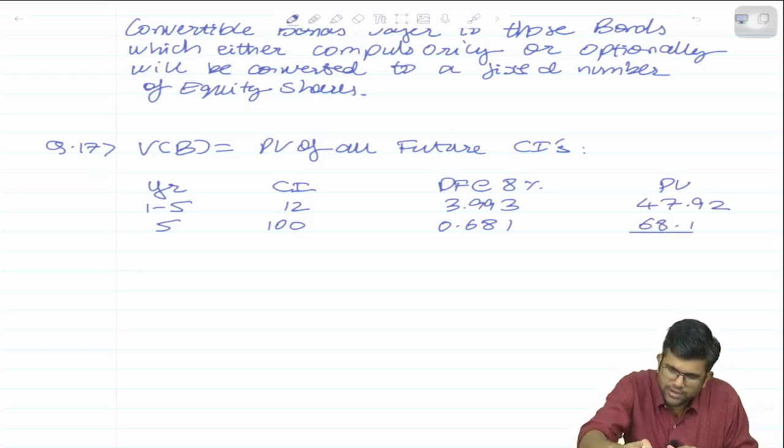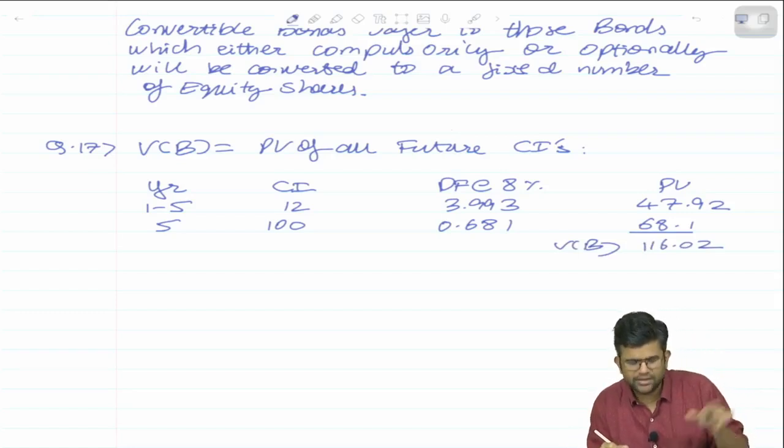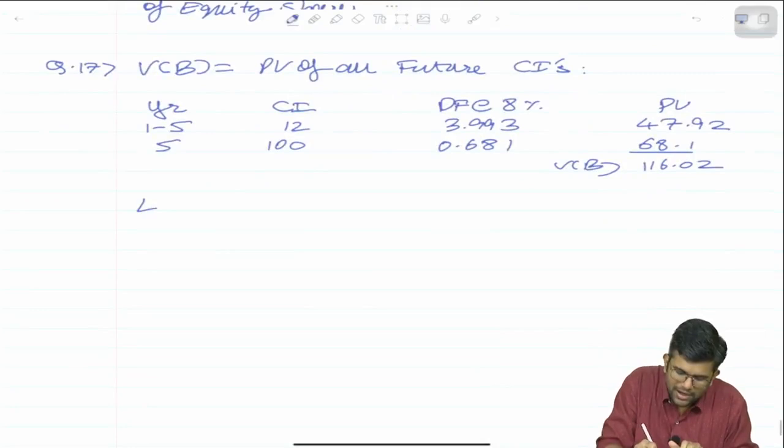So I will do 47.92 plus 68.1: 116.02 is the value of the bond. Now imagine, students, as of today this bond still has 5 years to run. The value of this bond today for you is rupees 116.02.